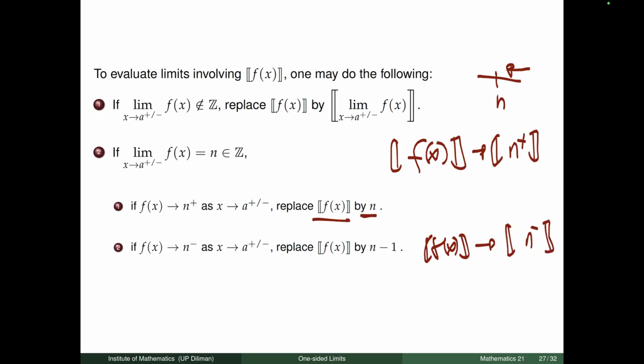So that means here is n minus 1, and f of x is approaching n. So values less than n. So the GIF will be n minus 1. So you replace the GIF of f of x by n minus 1.